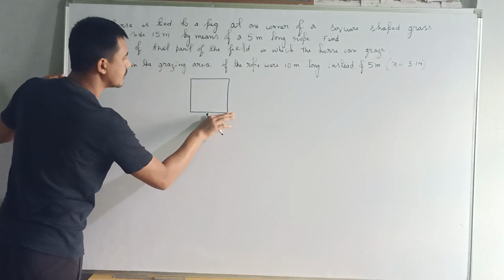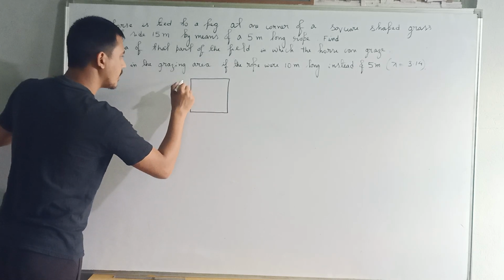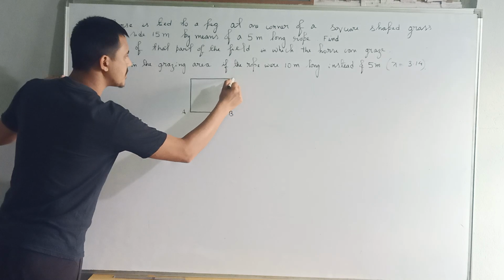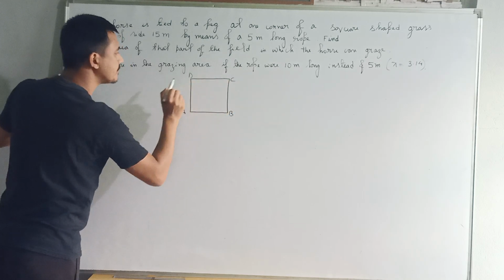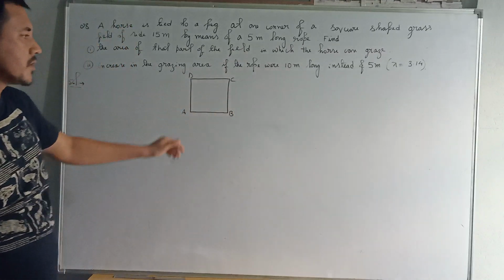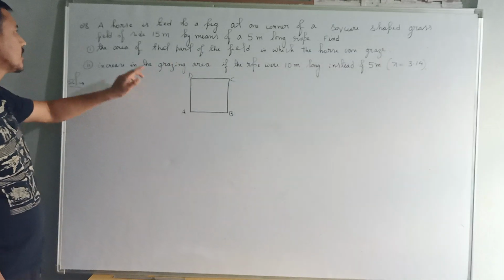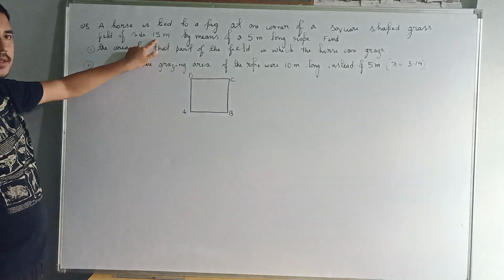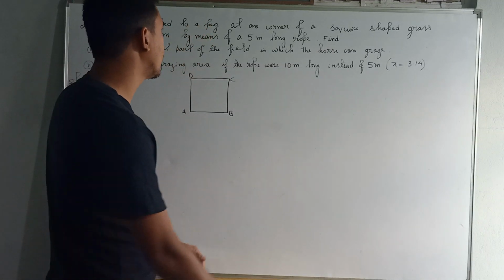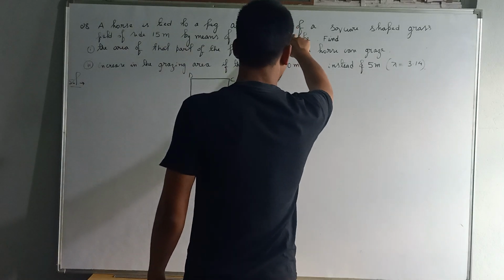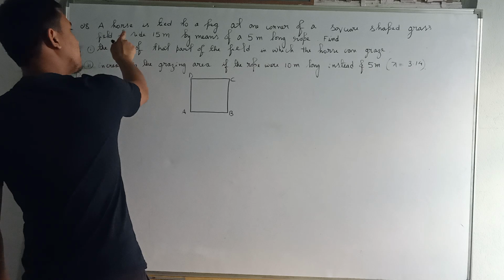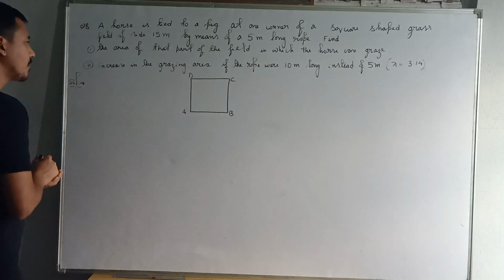So this ABCD is your square-shaped grass field, and the side of this square-shaped grass field is given to be 15 meter. So a horse is tied to a peg at one corner of a square-shaped grass field of side 15 meter.